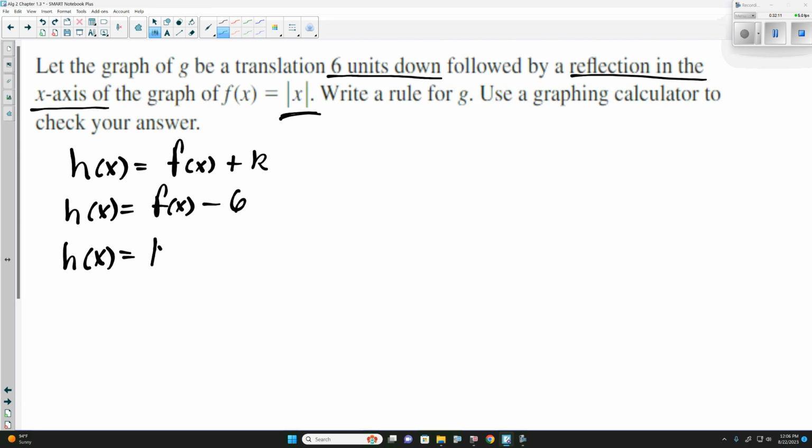So we replace f of x with the absolute value of x. Now we can put this in parentheses like we've been doing, which will end up just being removed, telling us that we have the absolute value of x minus 6. Any questions on this here so far?